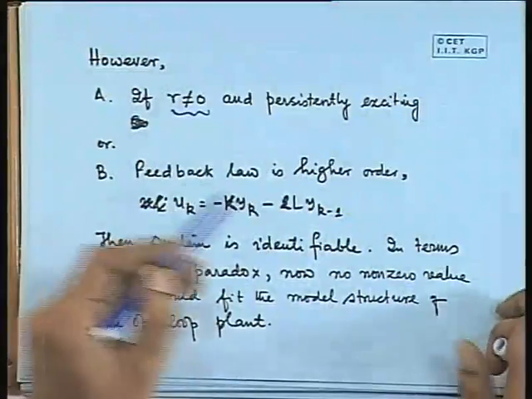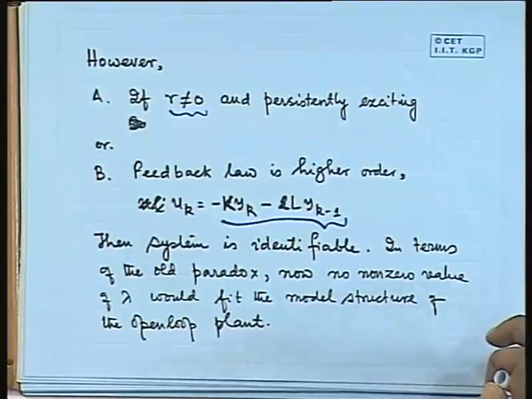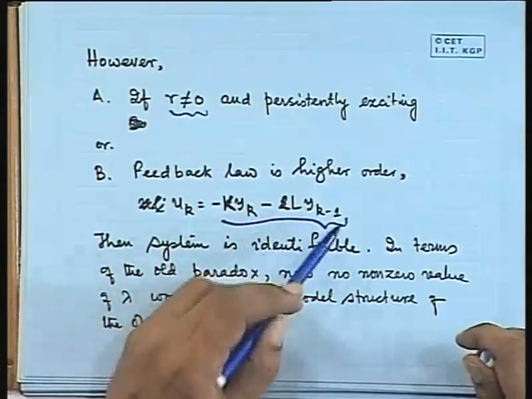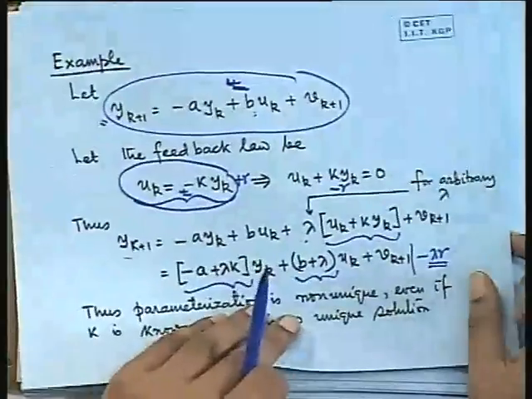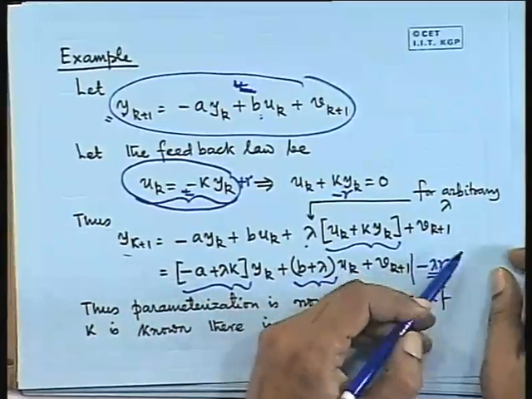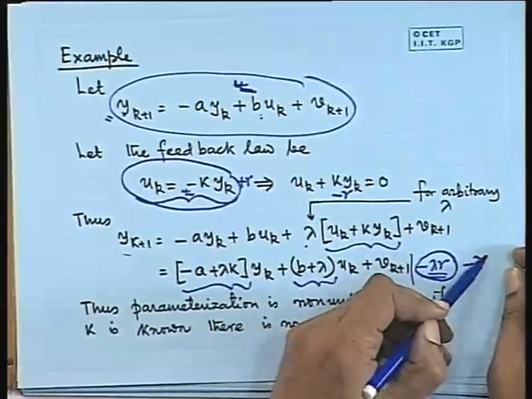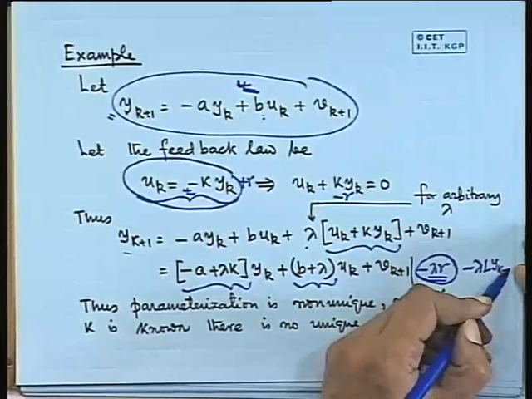Similarly, you could also do another thing. You could choose a higher order feedback, not only minus k yk, also minus L yk minus 1. If you chose that, and now if you substituted the same thing, then here you would have got a minus lambda L yk minus 1.